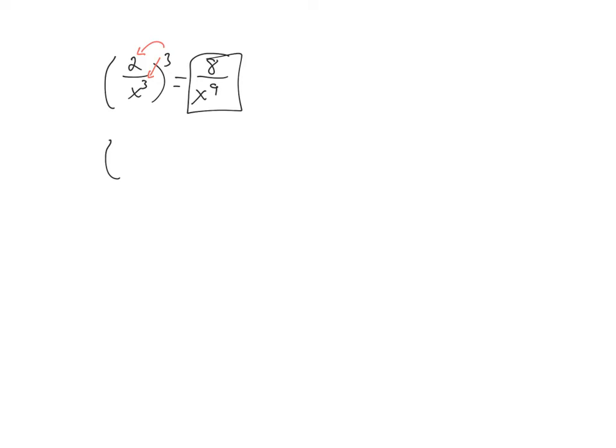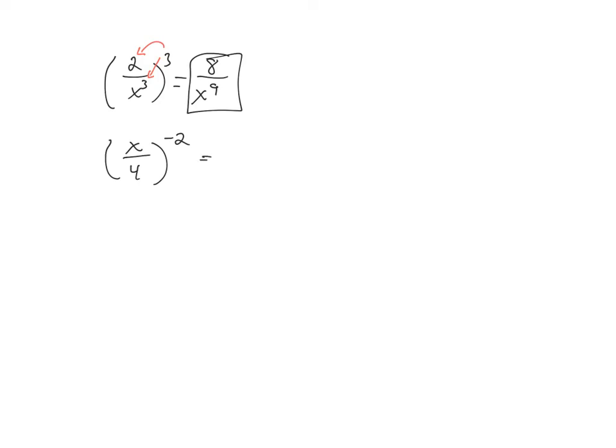So here's kind of a different one. What do we do with a negative exponent on the outside? Well, with negatives we flip, and then we make the exponent positive.